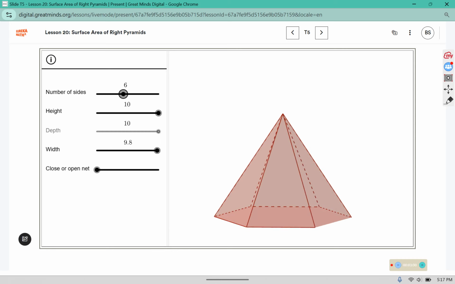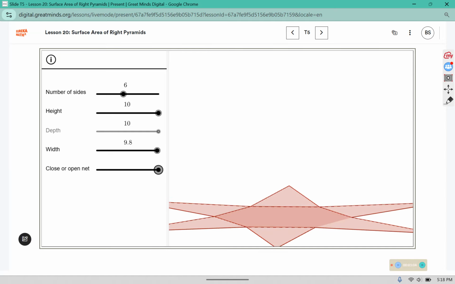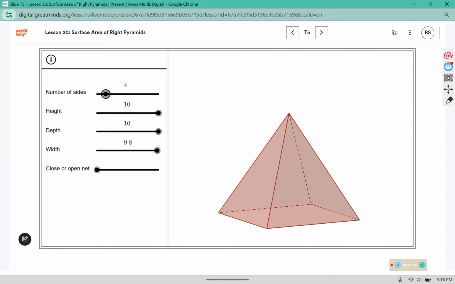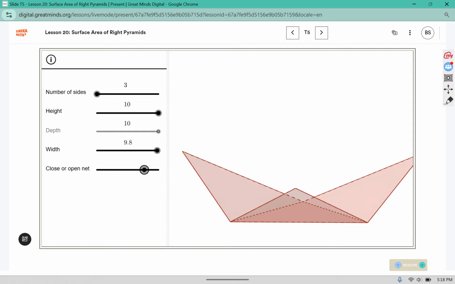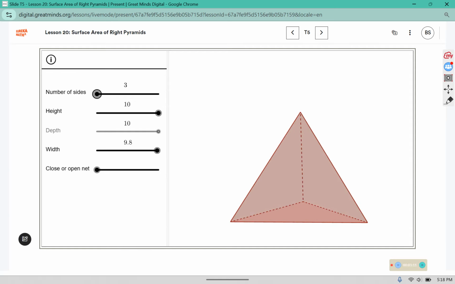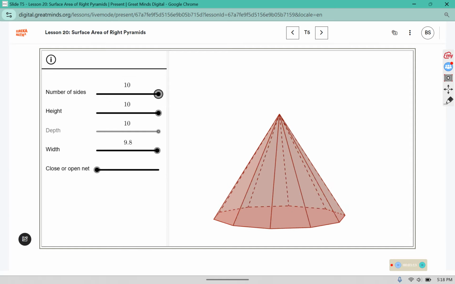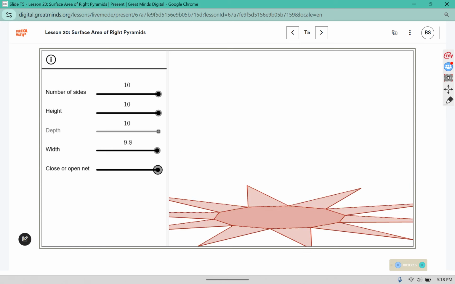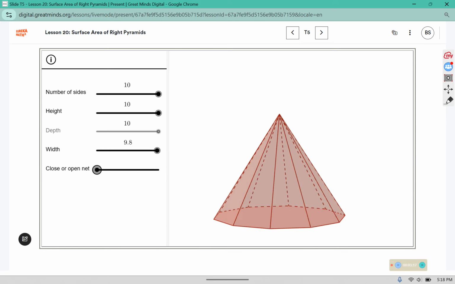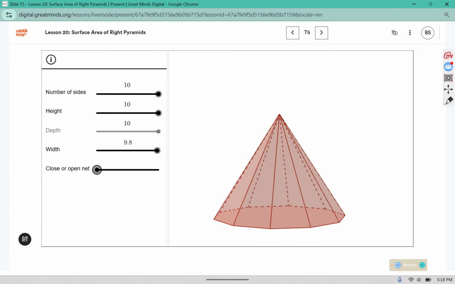We could also change the base to be a different shape. Here we have a hexagon bottom. You could also have a triangular pyramid with a triangle on the bottom. So pyramids are connecting the base and the point with triangles.